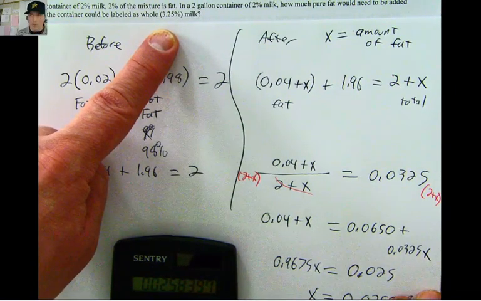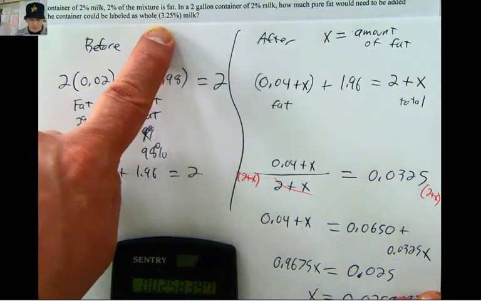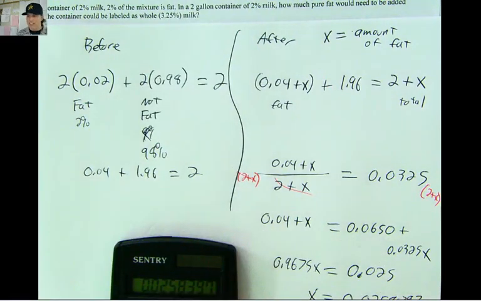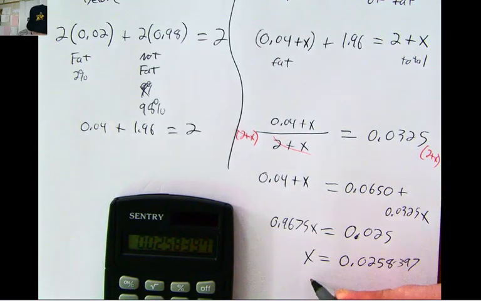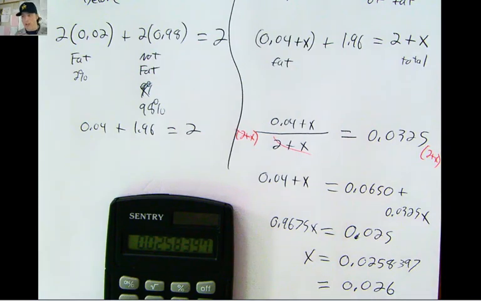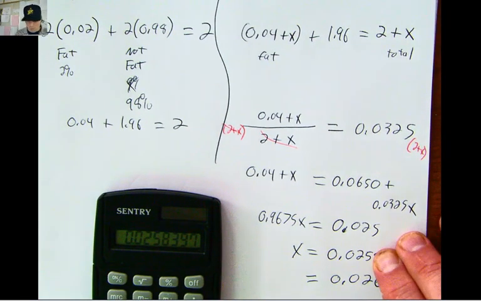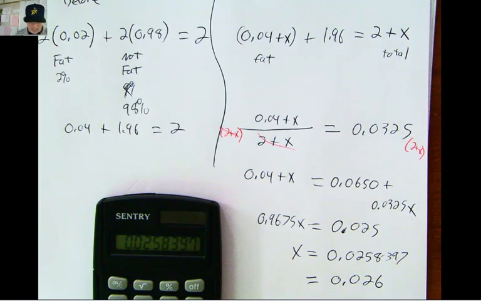If I answer 0.025, technically you wouldn't be at 3.25% yet. You'd be just below it because you need that extra 8 to get to the whole milk version. So in this case, I'm going to answer 0.026. These problems are usually on an auto round up situation because at 0.025 you wouldn't quite be there, so you round up to 0.026.